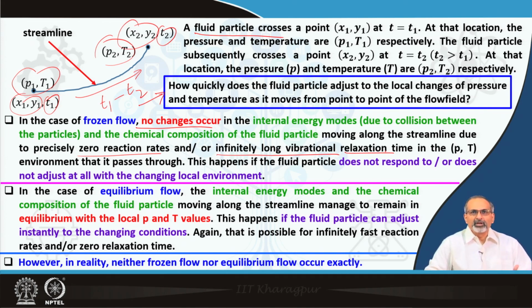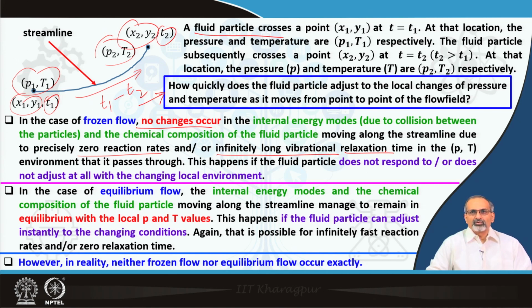In the case of equilibrium flow, it is the other extreme. All the internal energy mode changes or chemical composition changes which had to happen in response to the local pressure and temperature would keep happening from point to point, and that essentially means that the fluid particle adjusts instantly with the changing conditions. And again, this is possible for infinitely fast reaction rates and or 0 relaxation time.